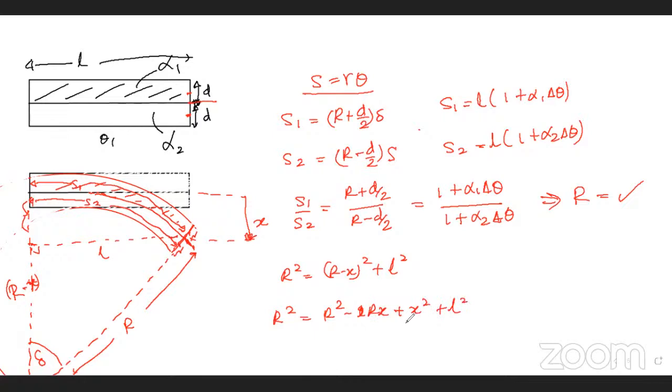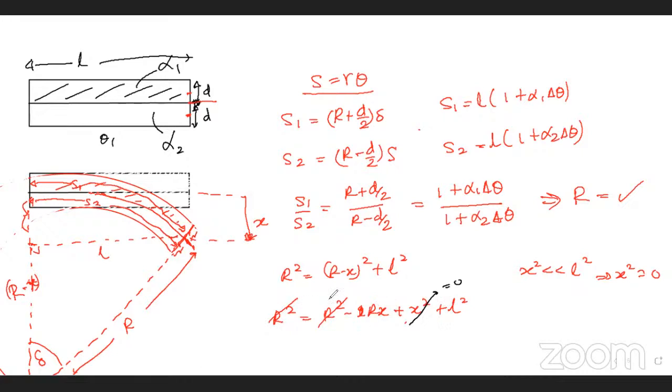This x square is so small, so you can neglect that part. x square is much smaller than this L square, so we can neglect x square, it's 0 compared with this.